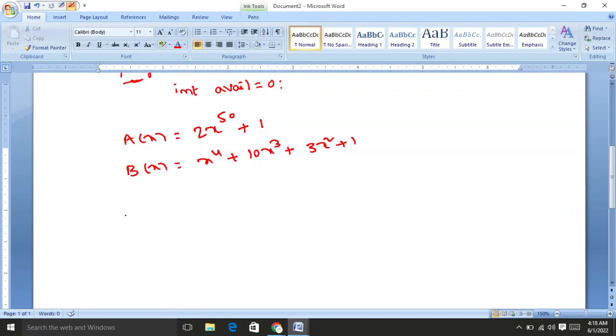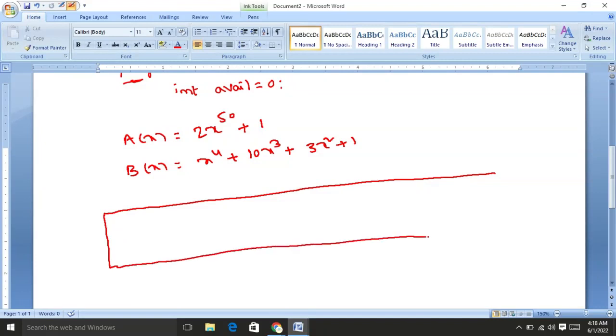How am I going to store these two polynomials in my terms array, which is of the poly type? Okay, here I am going to represent this one.